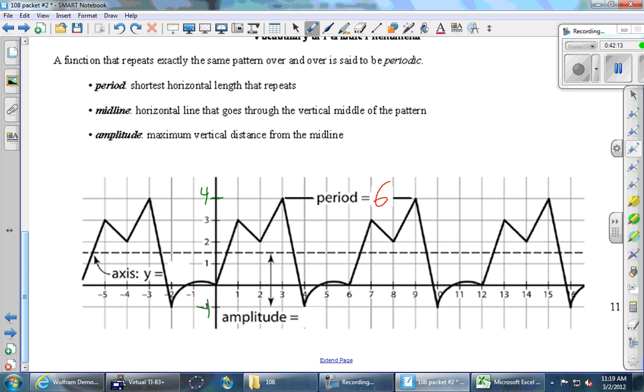It's 1.5. And that's what we're going to call the midline, a line that goes right through the middle. And so for us, the midline, which is also called the axis in this example, is y equals 1.5. And there's an easy way to find it.